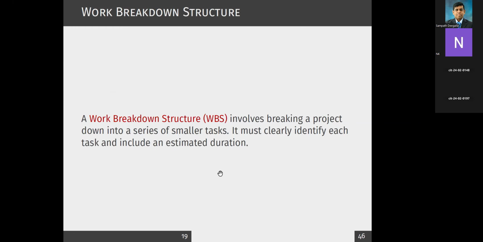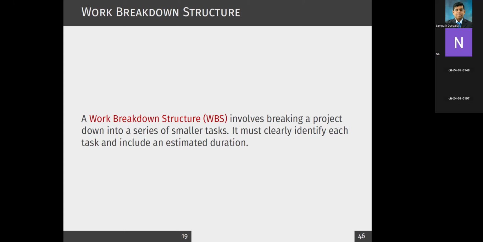Right, next. Now that we have talked about the work breakdown structure, let me give you a brief introduction to this. Work breakdown structure means we are breaking a project into smaller tasks. So you have to define what the task is, and then you have to have a duration. For example, let's say a student support system, say student registration.